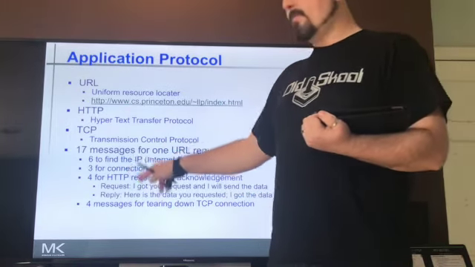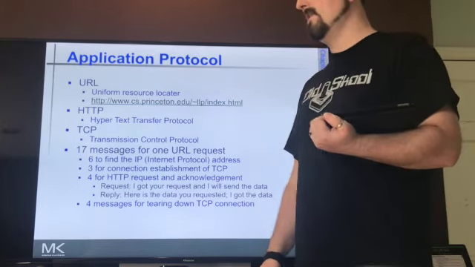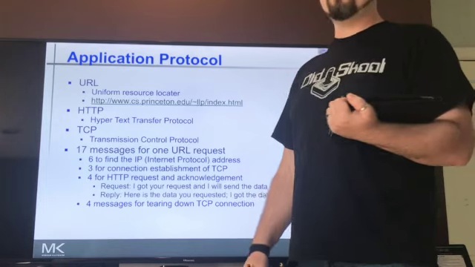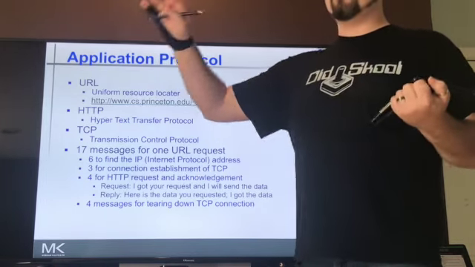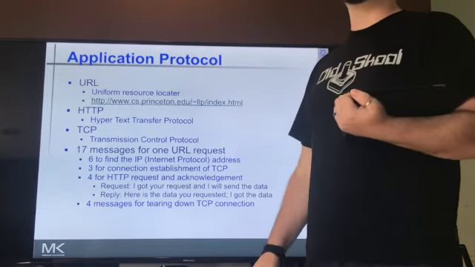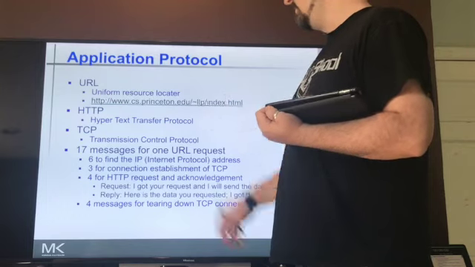You repeat this step for as many pieces as there are in the current web page, not to mention any preloading type content. And then once that's done, there's 4 messages for tearing down or stopping that particular connection that we created in a previous step.